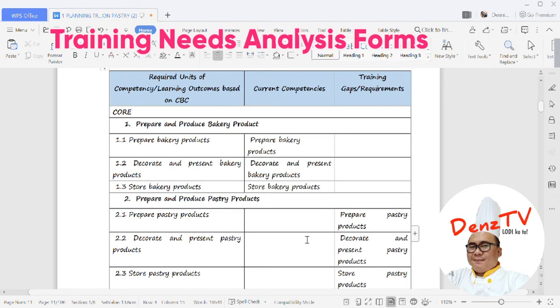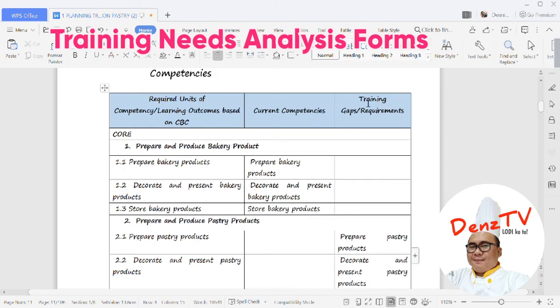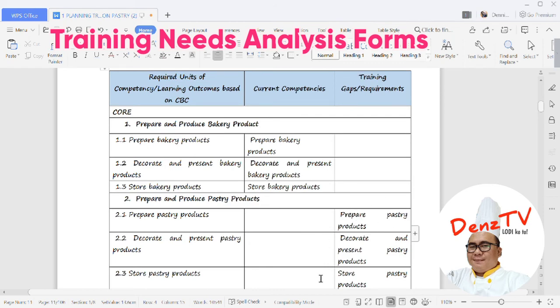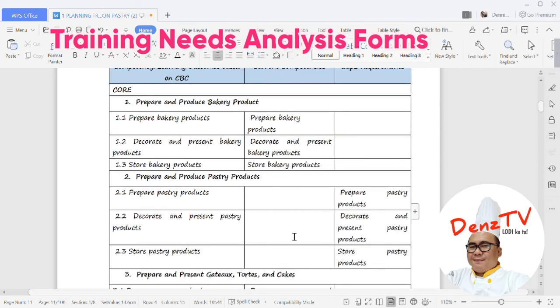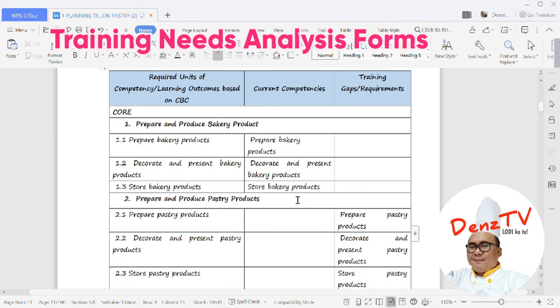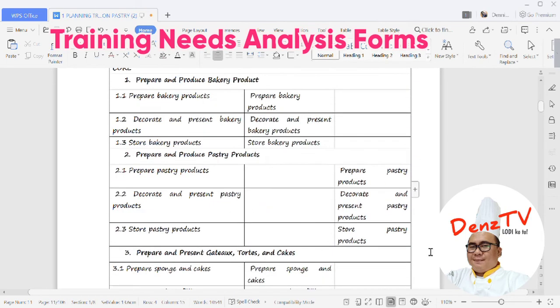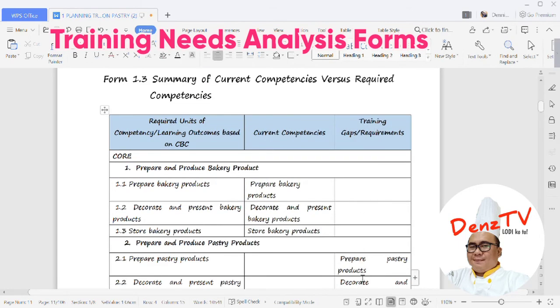And for your chosen core, same procedure, copy and paste here including LOs, but do not copy all the LOs here, only in the training gaps, because these are the training gaps of the learner. Leave it blank here because this is the current competencies, meaning the student has undergone such particular competency already. Same process, only the chosen one should be in the training gaps.